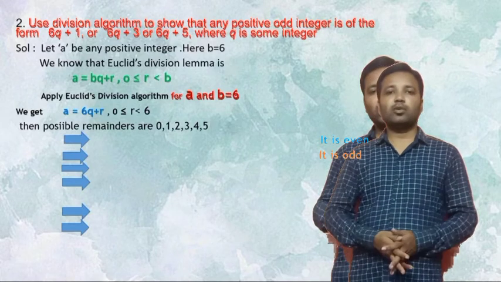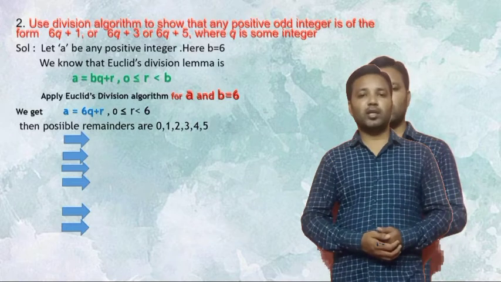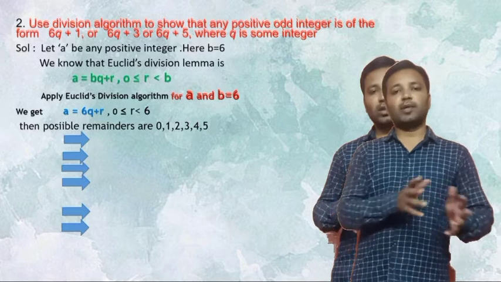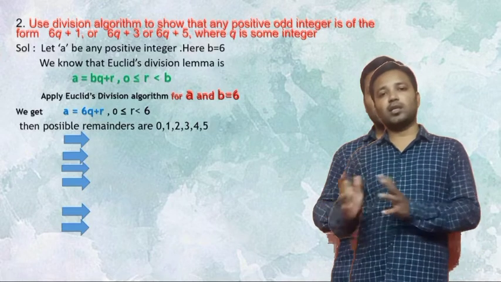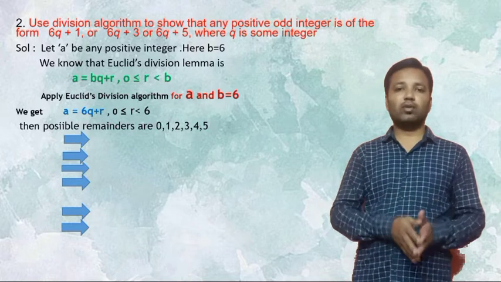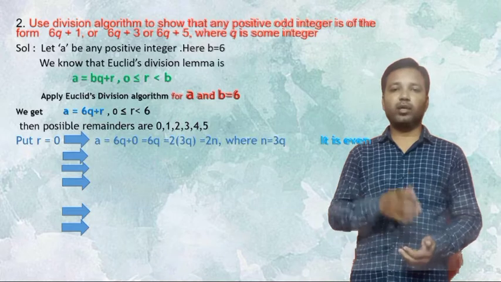Each time you have to substitute remainder values within that positive integer, so that we can get either an odd positive integer or an even positive integer. Let us put r is equal to 0. If you put r is equal to 0, here a is equal to 6q plus 0.